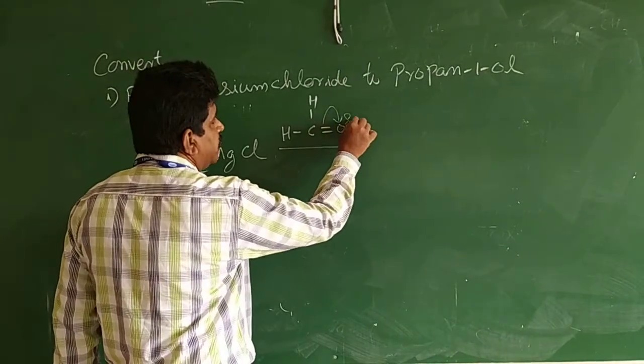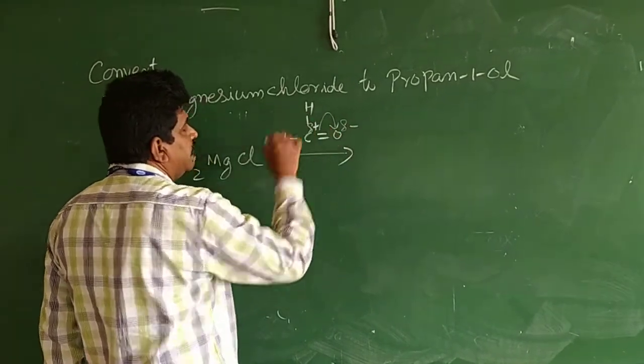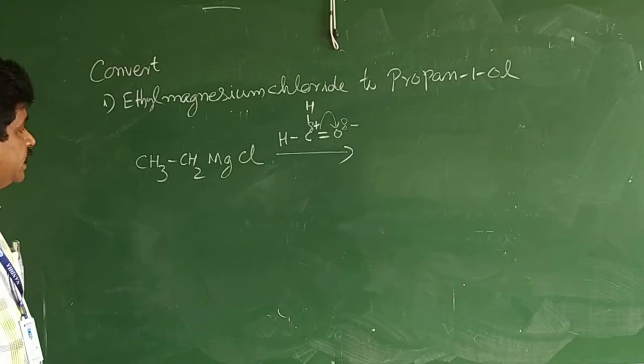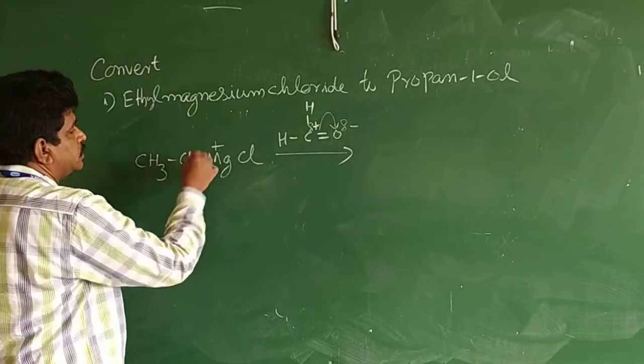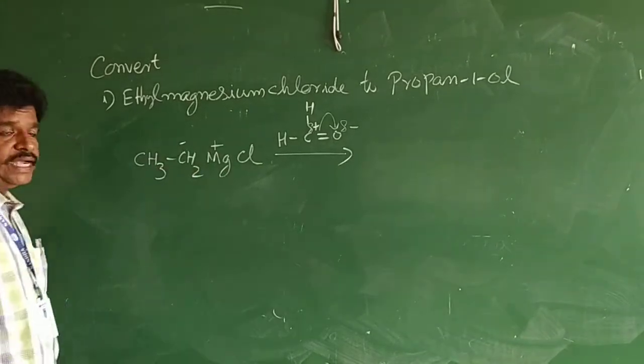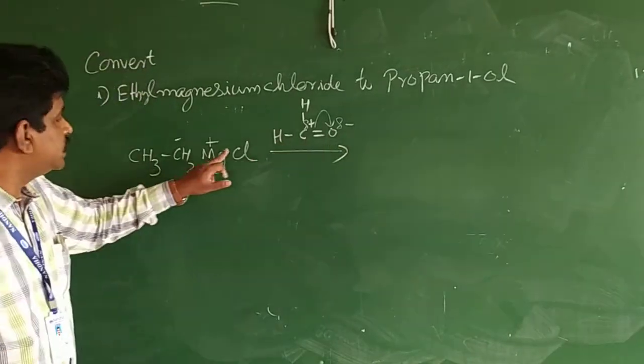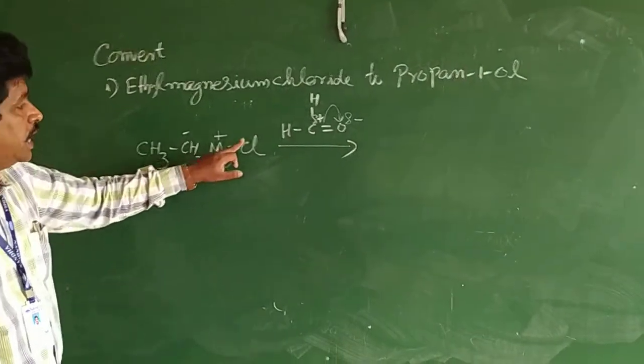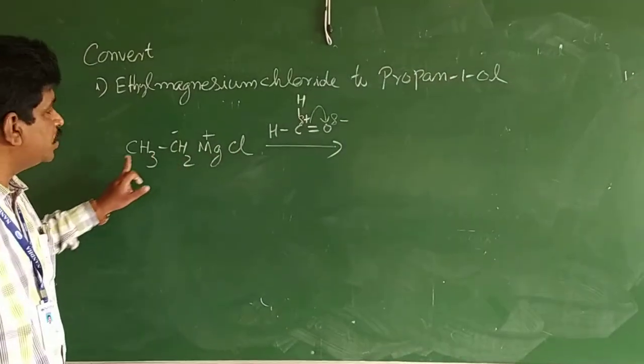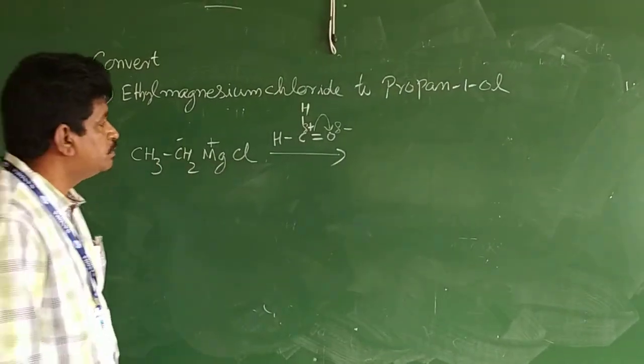This oxygen will be negative, this carbon will be positive. So with the negative part the positive part will attach, and with the positive part the negative part will attach, and we will get an addition product.